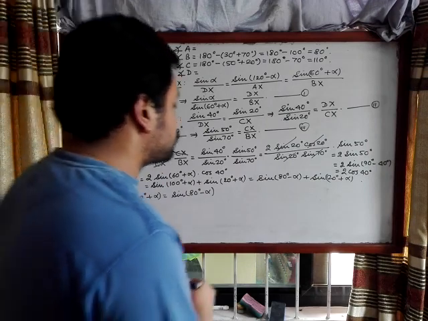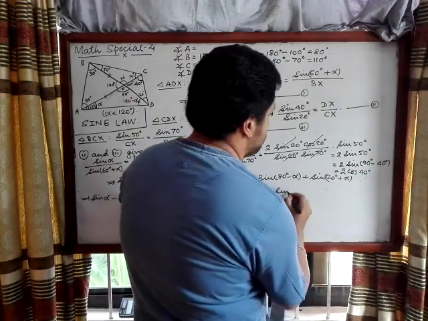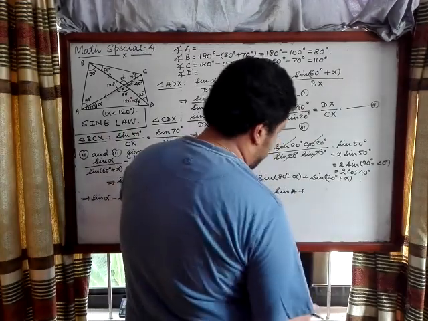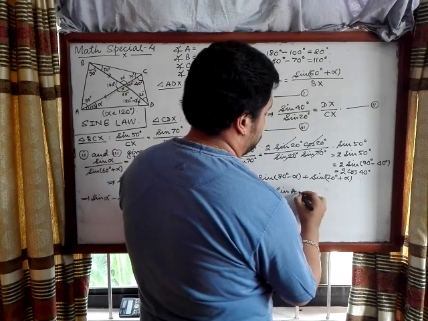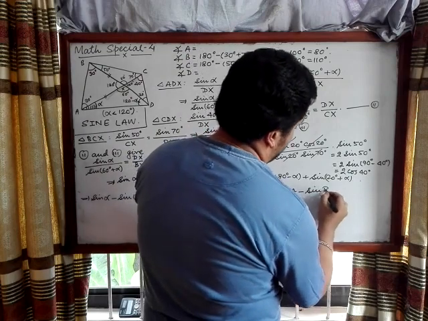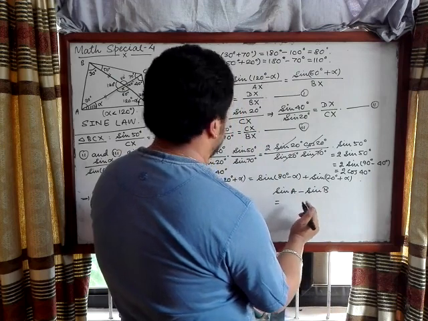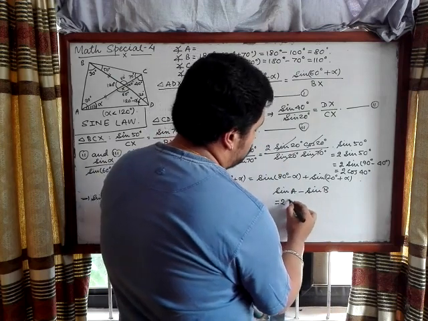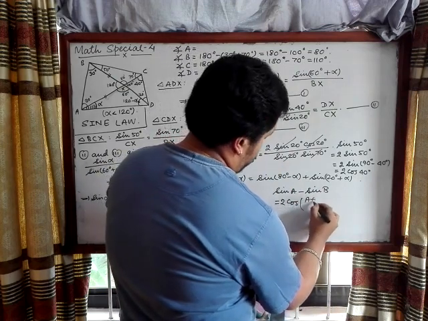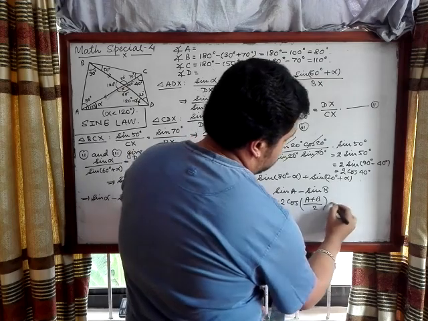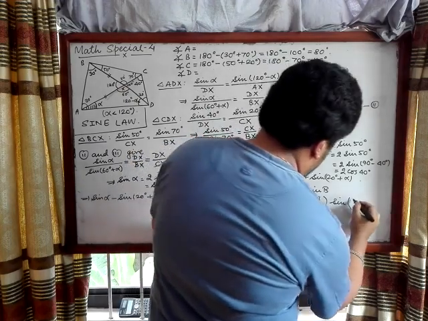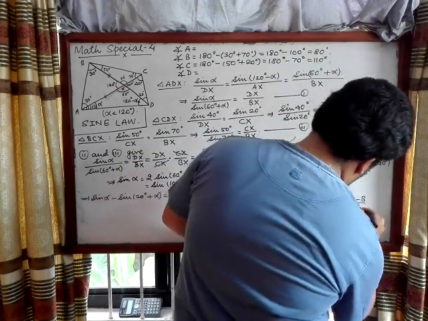Now we know that sine A minus sine B is equal to 2 cos A plus B by 2 sine A minus B by 2.